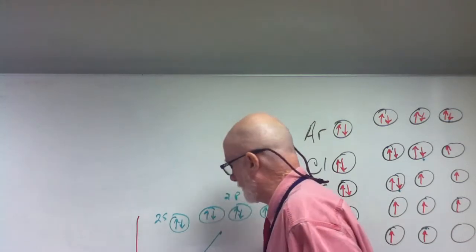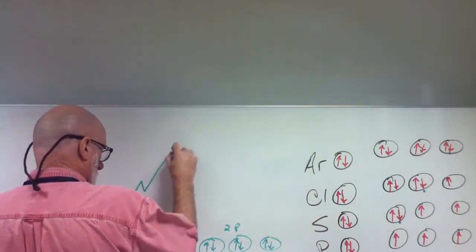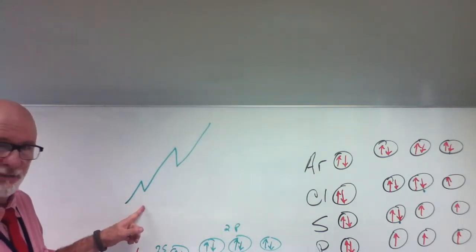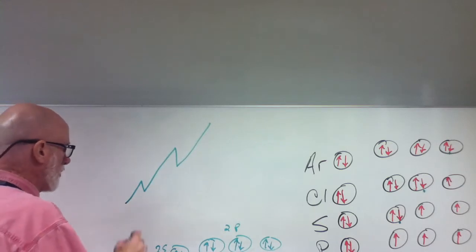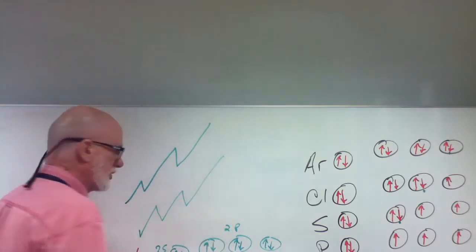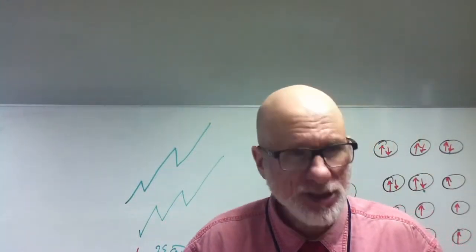In other words, it's going to look like this, right? But the other one is going to be like this. It's going to shift down. Why is it going to shift down?